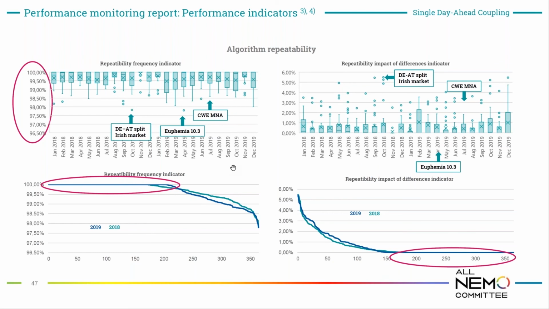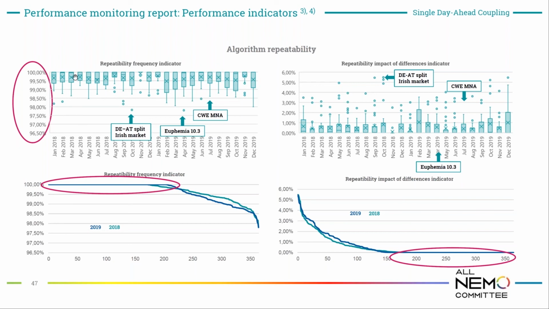Well, let's go for the repeatability indicators. Now that we are close to 100% of repeatability, note that this repeatability frequency indicator is based on the main values of the results of the algorithm. I mean the results from each order, the price, the net position of the bidding zone.